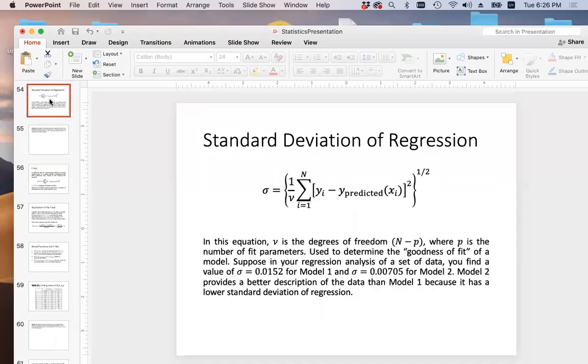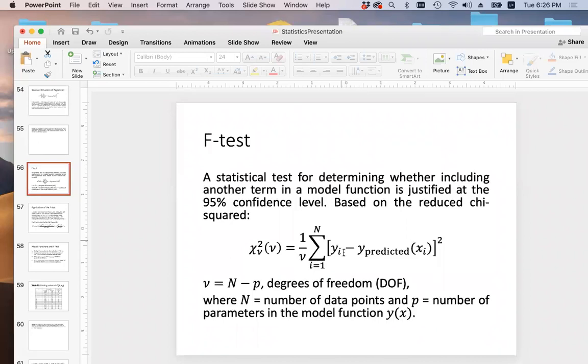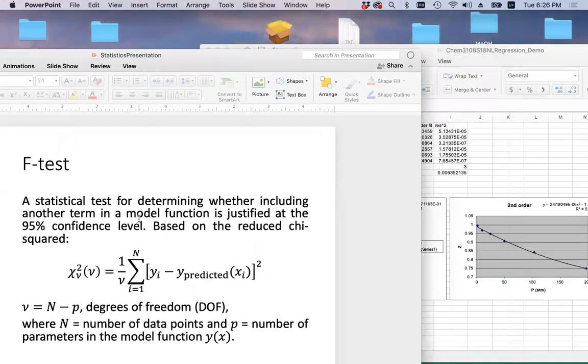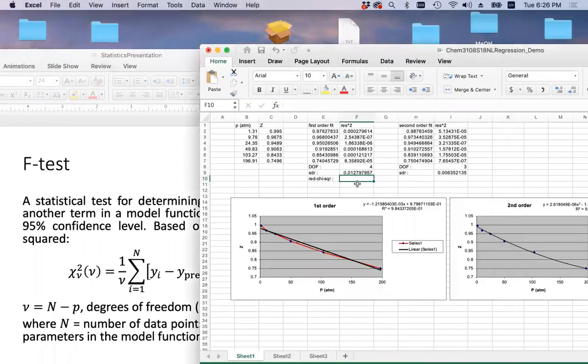If I go back to the definition of the standard deviation of regression, this sigma that we already calculated, this is just the square root of the reduced chi-squared function, which is given here. So all I have to do in my spreadsheet in order to calculate the reduced chi-square is take the square of the standard deviation of the regression.